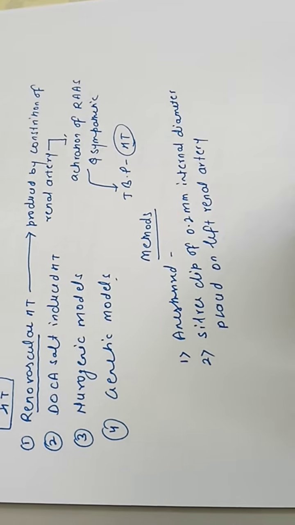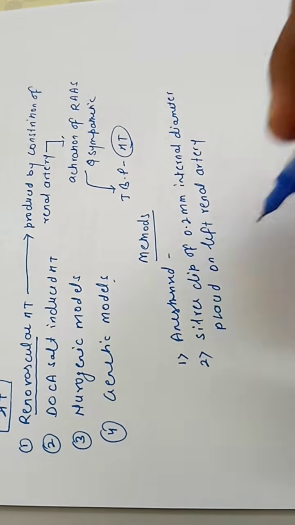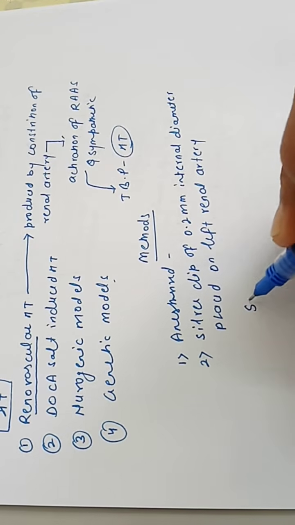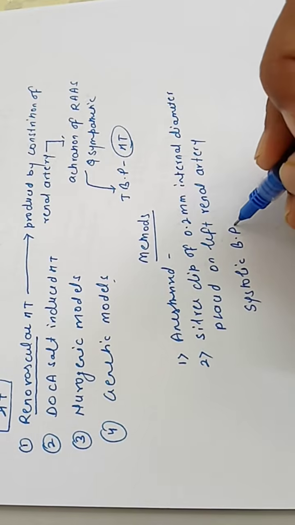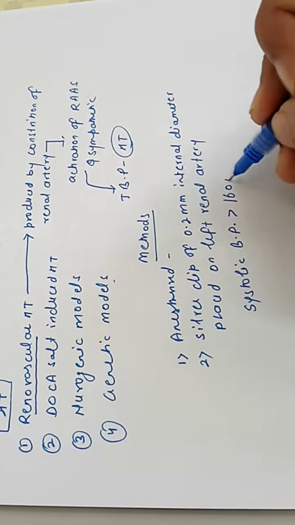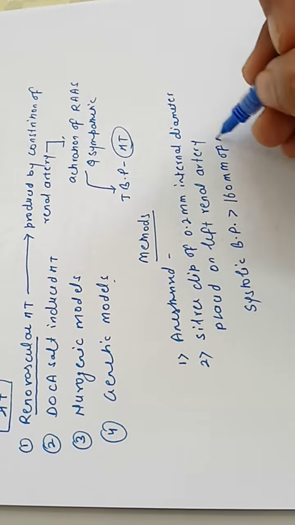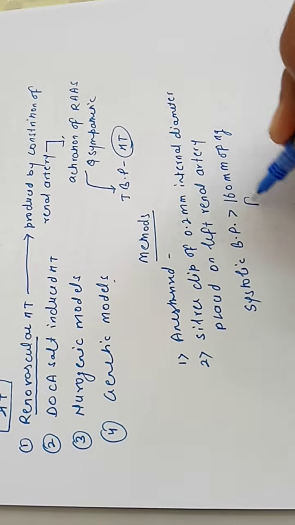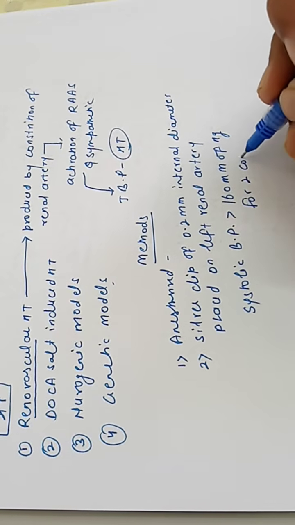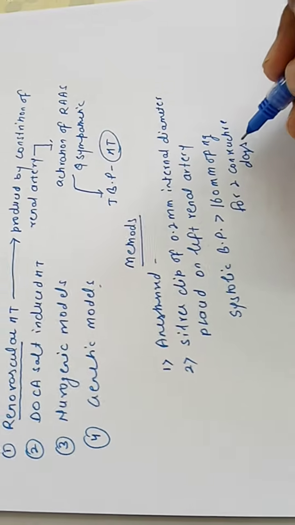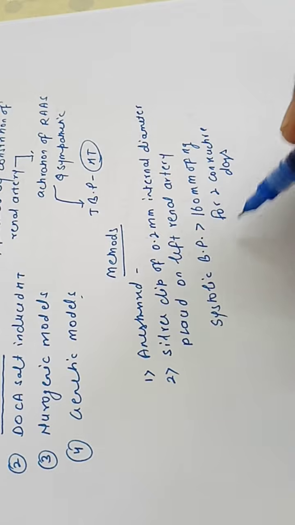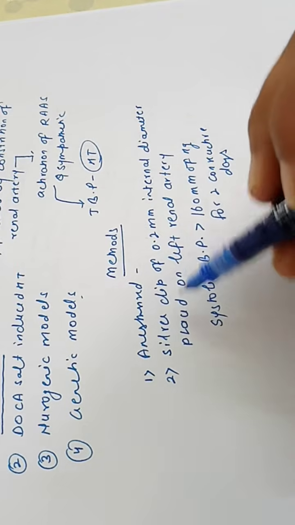Due to the silver clip, the biomarker is systolic blood pressure, which should increase to more than 160 mm of mercury for 2 consecutive days. This does not happen immediately.